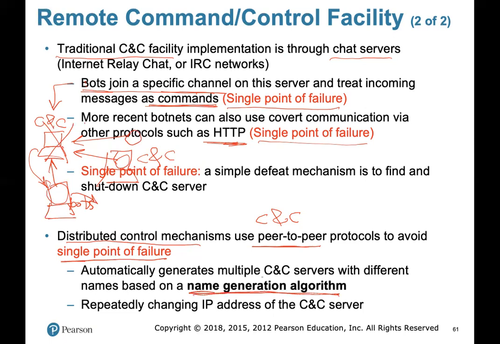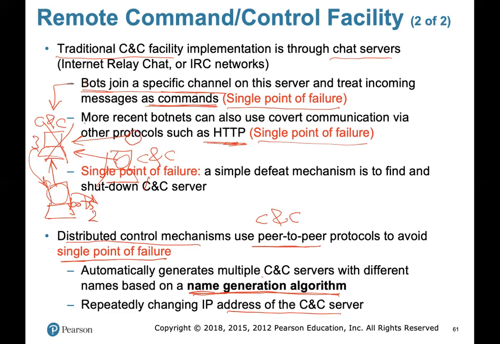There are some name generation algorithms, because you don't want to make it very easy. For example, this is server number 1, this is server number 2, this is server number 3. Again, that's going to be very easy. So they change the naming in a heuristic way, so that the defender cannot easily predict the next server and shut it down easily. Or they use more advanced IP address allocation mechanisms in order to repeatedly change the IP address of the CNC server.